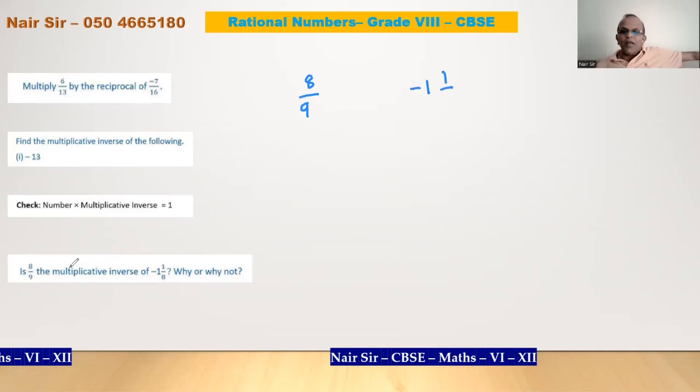Minus 1 whole 1 upon 8 is a mixed fraction. How do I make it a proper fraction? Minus 8 plus 1. Okay, so what do I get? Now further from here you can do it.